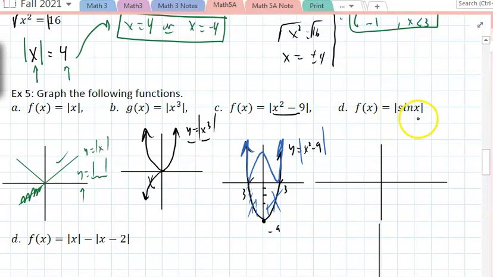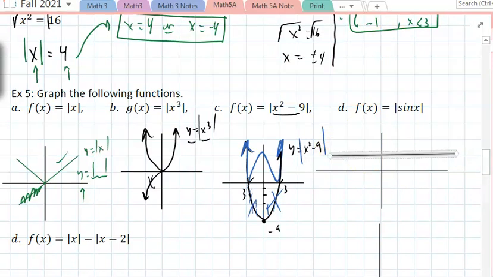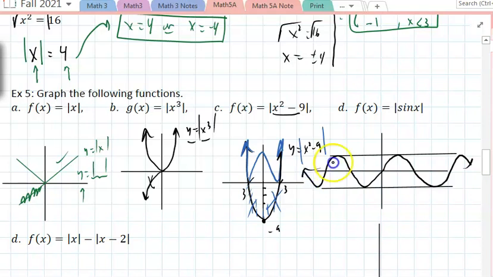How about absolute value of the sine of x? Well, I'll take the graph of the sine of x. I know how that looks like. A rough sketch. The graph of sine of x looks something like this.